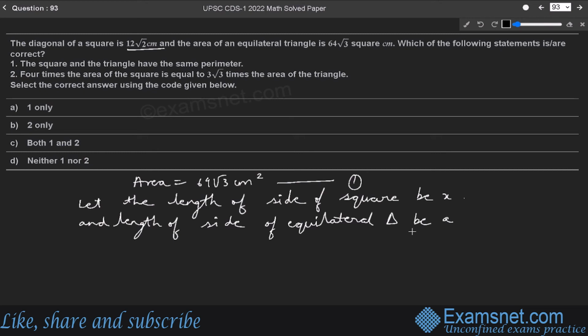According to the question, root 2 into x will be equal to 12 into root 2. So from here we will get the value of x, which will be 12.